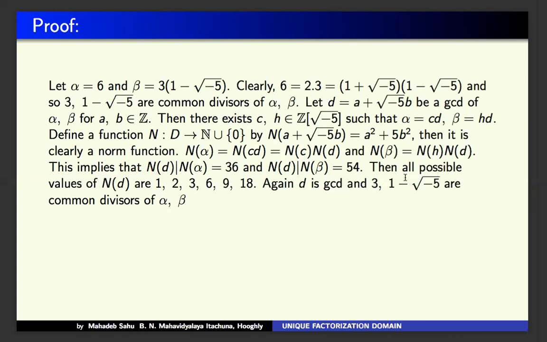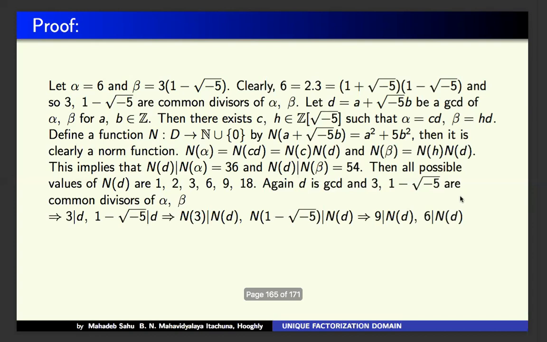See, 3 and 1 minus root minus 5 are common divisors, and d is the GCD, so 3 and 1 minus root minus 5 must divide d.